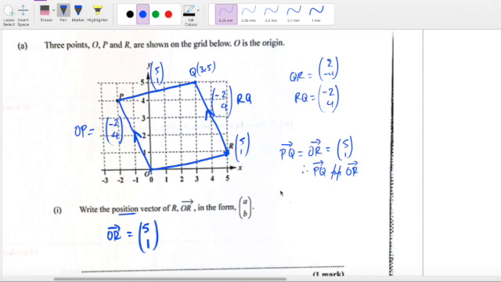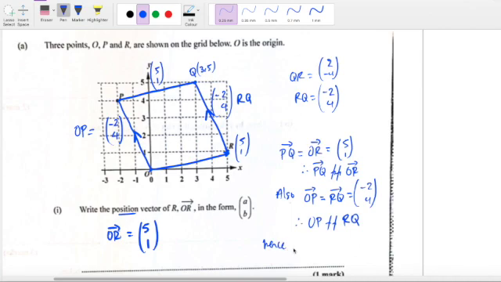And also, we have OP is equal to RQ, which is equal to -2, 4. And therefore, OP is parallel to RQ.